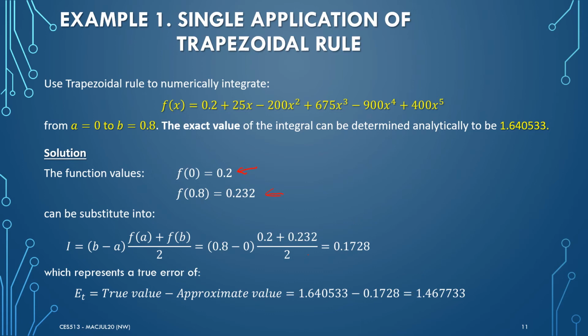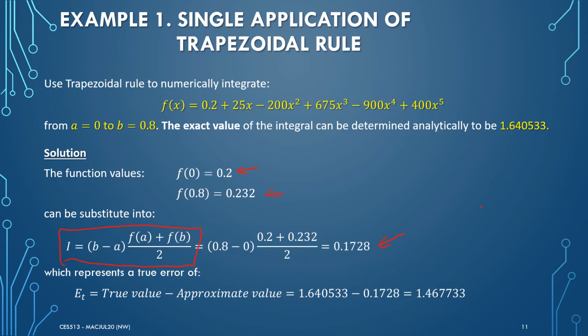Then we substitute these values into the formula for the trapezoidal rule. We have I equals (b minus a) multiplied by (f(a) plus f(b)) divided by 2. So then we can get the integral of the function equal to 0.1728.